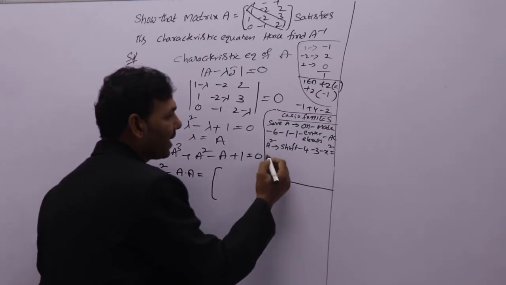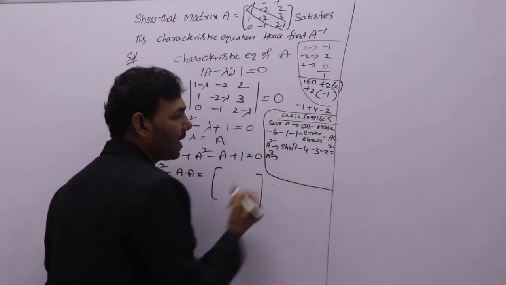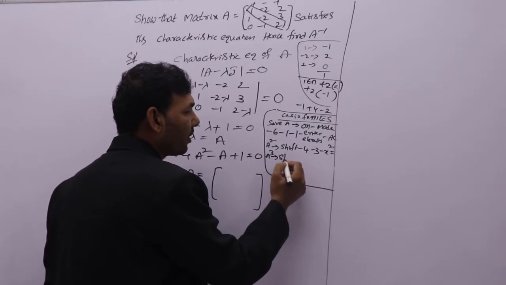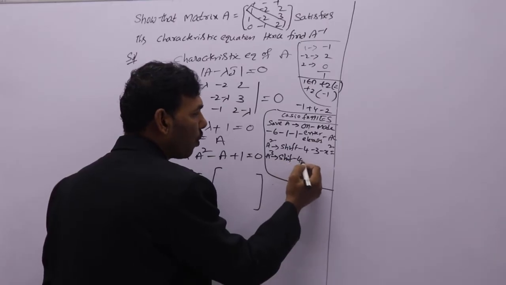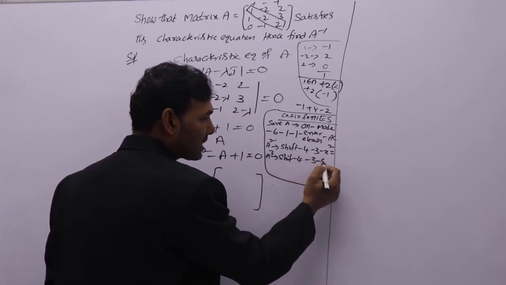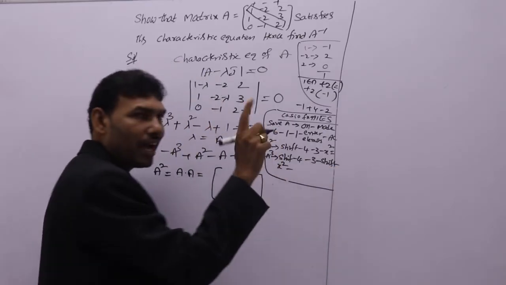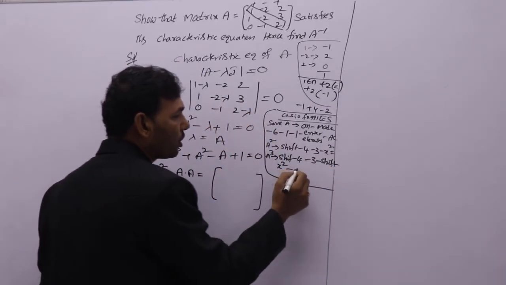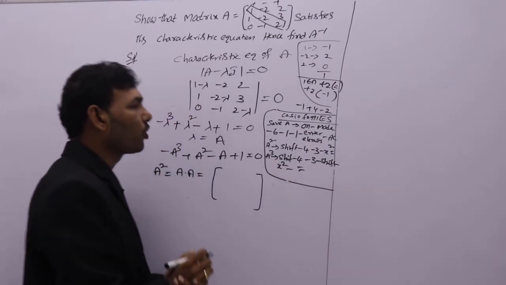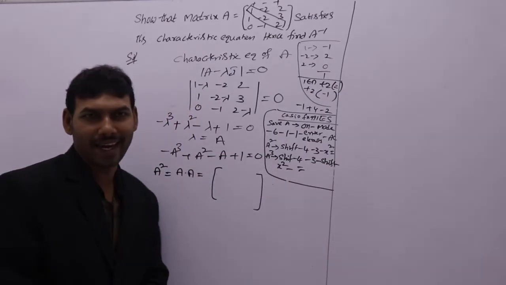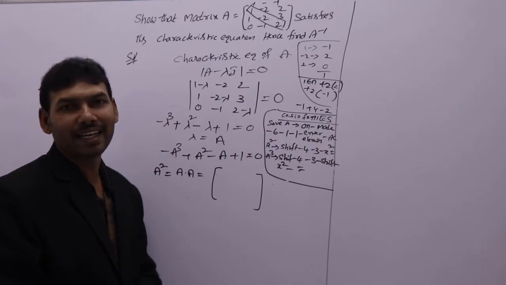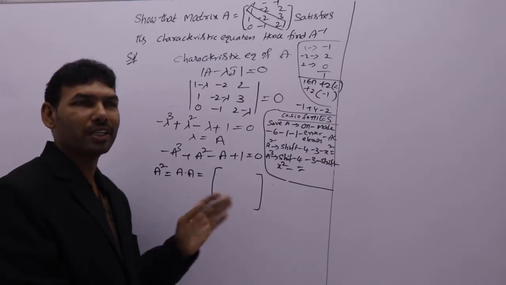To calculate A cube, shift 4 3, shift x square. If you press shift x square, you will have x cube. So you will get A cube. Like this, one can easily calculate A square and A cube in the calculator.